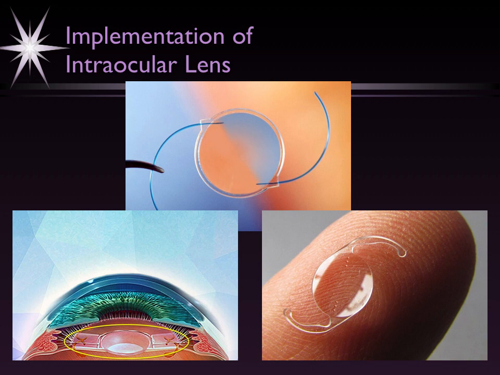There are 3 different kinds. The one on top is called a fixed focus monofocal lens, and this type can help you see one distance well. So you can either see up close or you can see far away. And so sometimes what they do, especially if there's a cataract in both eyes, is they'll put the lens for up close in one eye, and in the other eye they put the lens for distance.